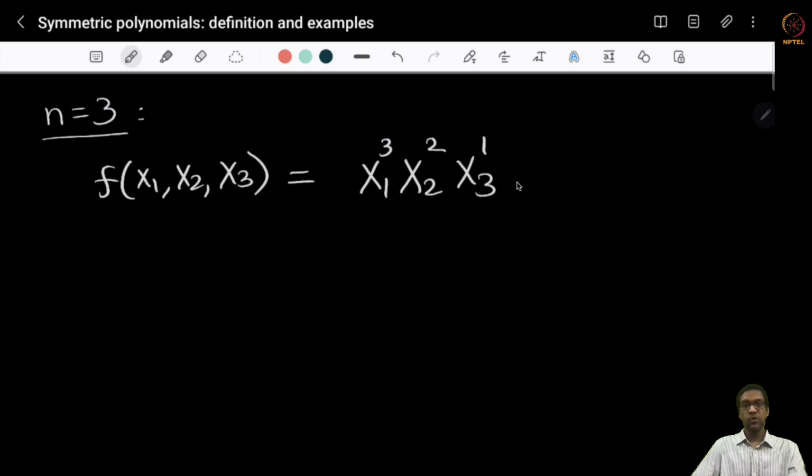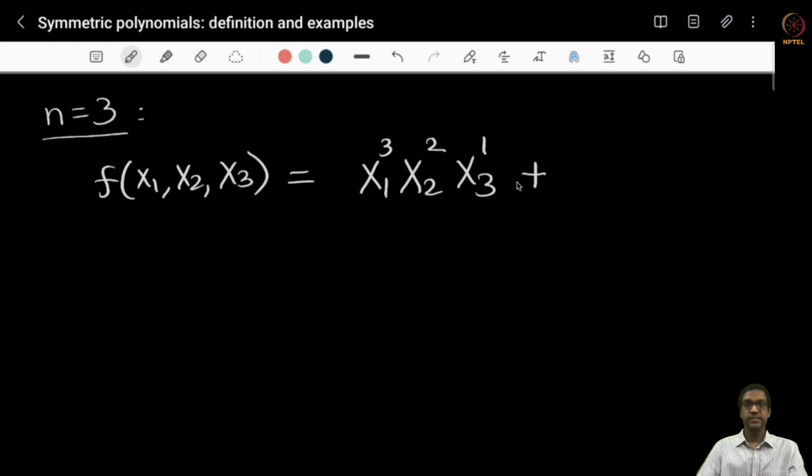I want this monomial to be part of my polynomial f, but I also want it to be symmetric. So what's the least I should do? I need to add in some extra terms obtained by symmetrizing, permuting the variables.